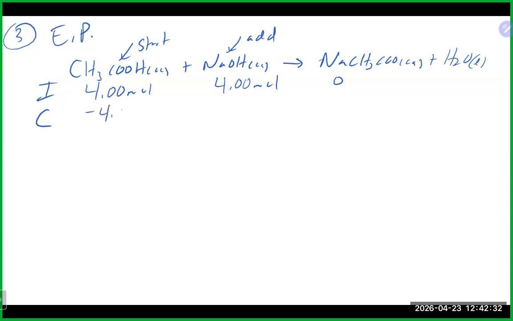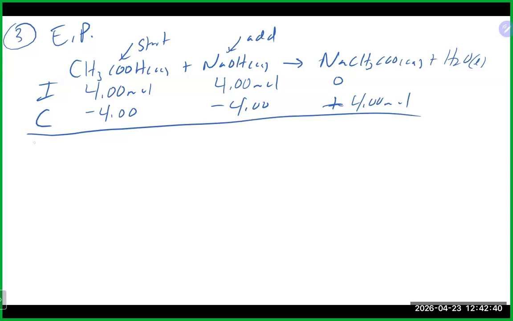It's -4 in this case. -4 and plus 4 moles. That means when I reach the equivalence point here, I got nothing there, which is what I would expect to occur. I got 4 moles here. Once again, going to convert back into molarity by dividing by my total volume at this point, which once again is obviously how much acid you started with and how much base you added in this case.